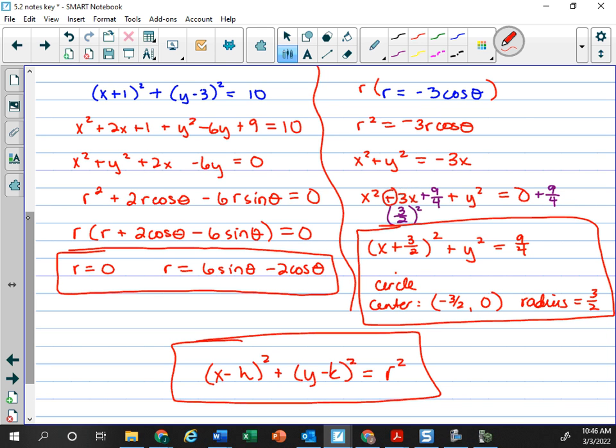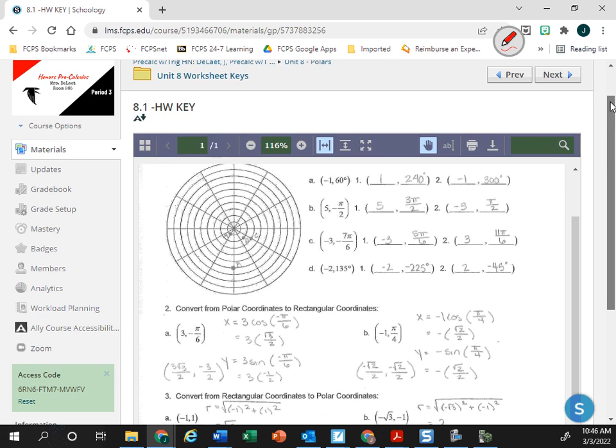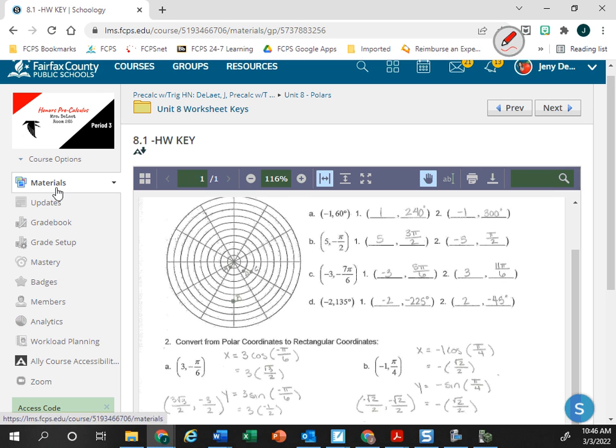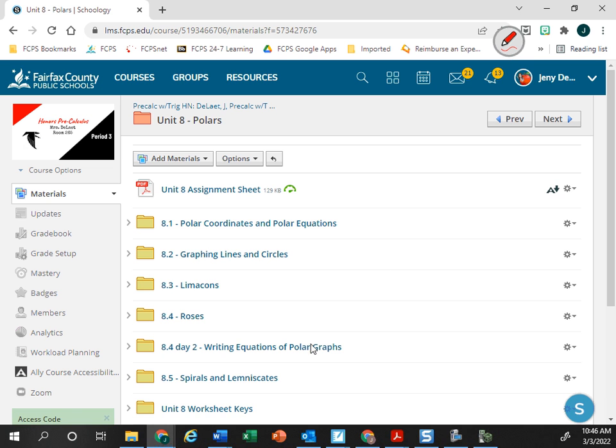Homework. Just so you guys are aware, on Schoology, under materials, Unit 8. At the bottom here, there's Unit 8 worksheet keys.